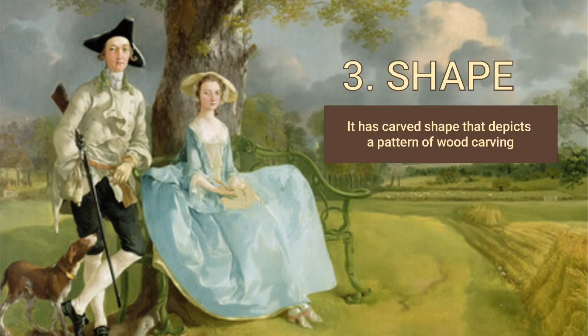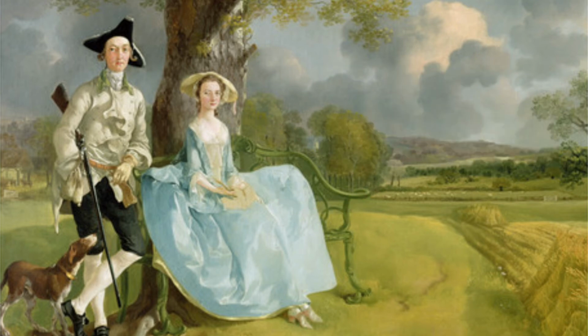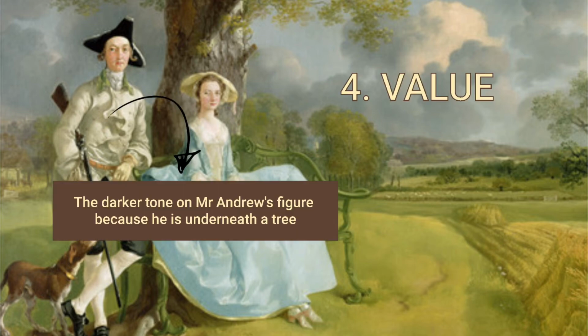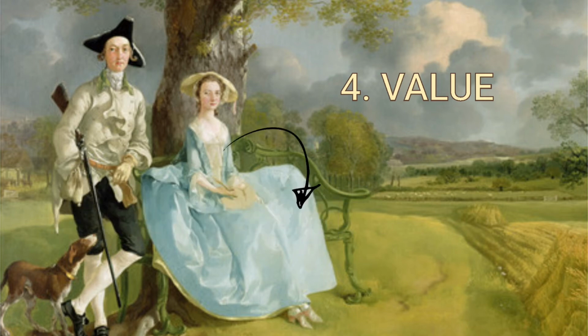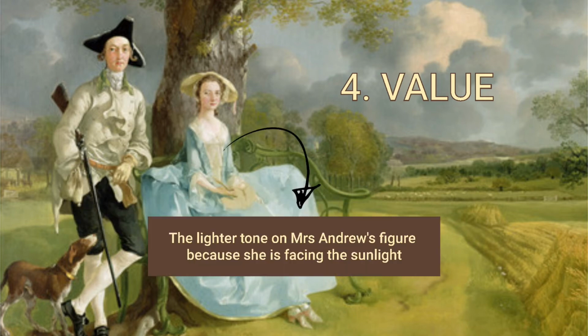Thirdly, shape. It has carved shapes that depict a pattern of wood carving. Value. The darker tone on Mr. Andrew's figure because he is underneath the tree. Meanwhile, the lighter tone on Mrs. Andrew's figure because she is facing the sunlight.